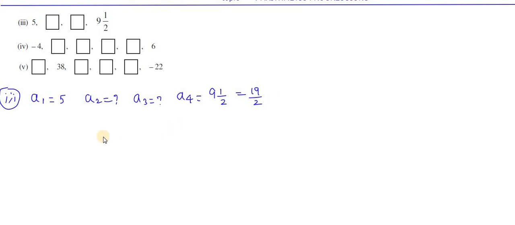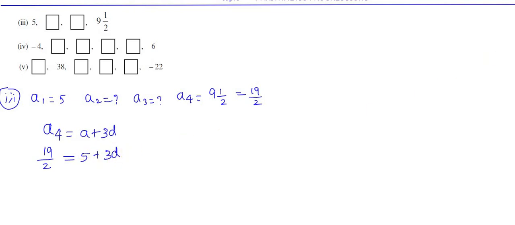I told you that if you know the first term and the common difference, a and d, it is easy to find any of the other terms. We already know a4 equals a plus 3d. So a4 is 19 by 2, which equals 5 plus 3d.